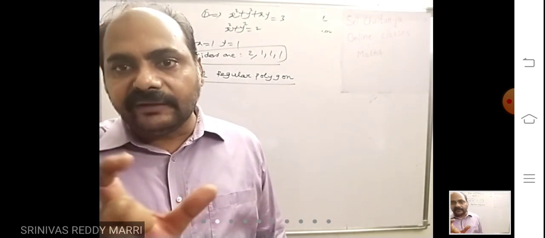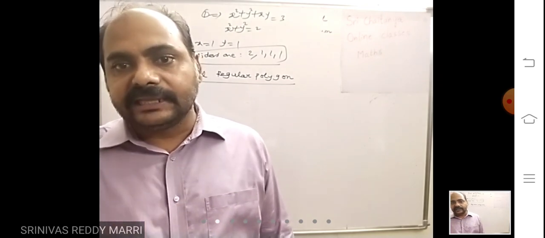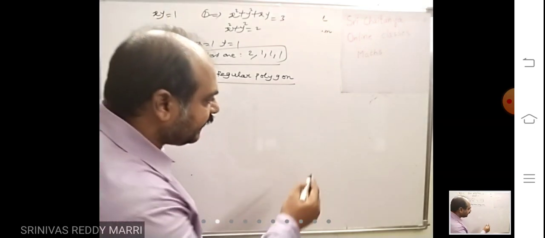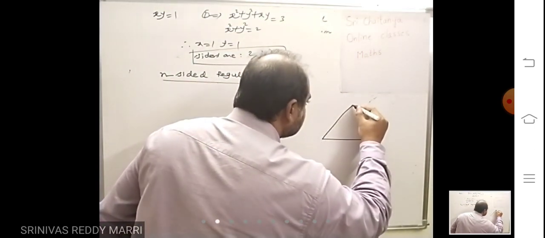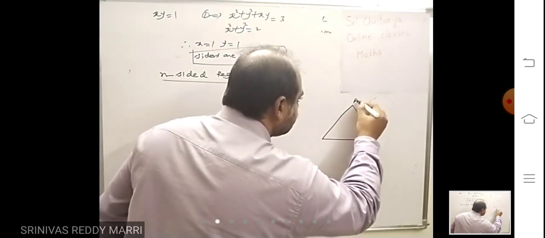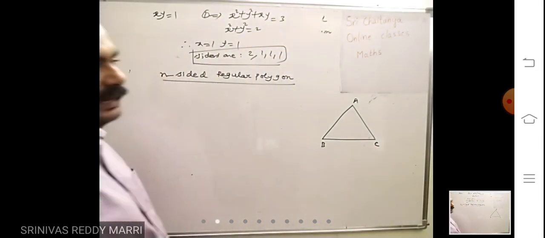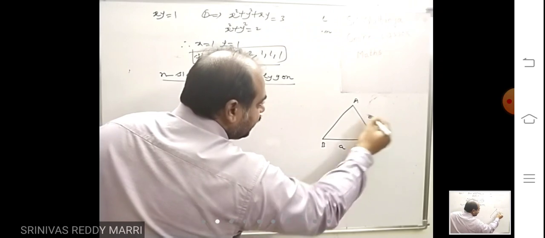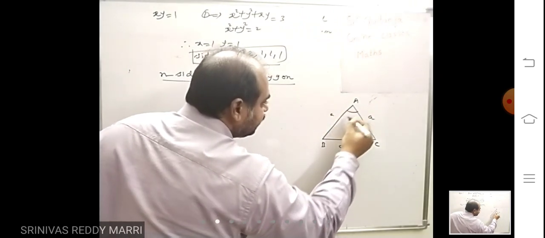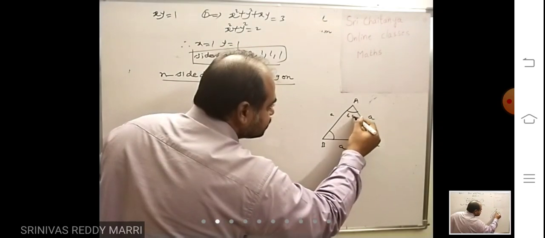If you take an equilateral triangle, all the sides and all the angles will be equal. This is a regular polygon of three sides.